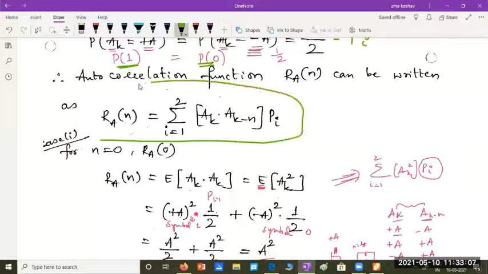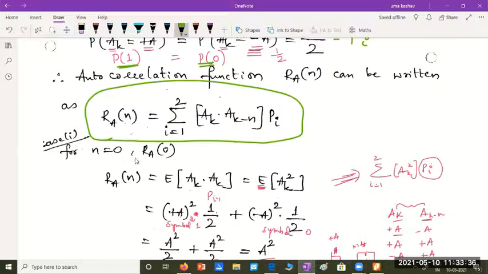It is defined as summation of ak into ak minus n, the whole thing into probability Pi, defined in the interval i equal to 1 to n. Here n value is 2. So I can have only two values here, 0 and 1 are the two existing symbols.